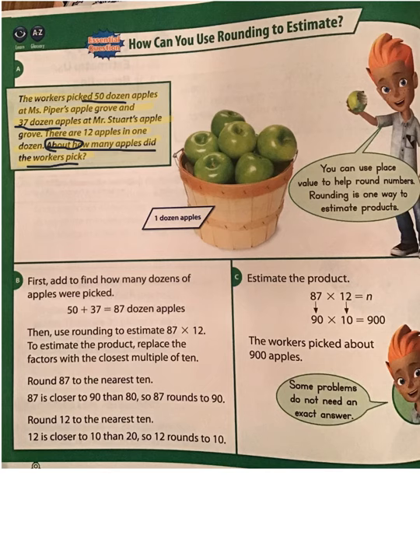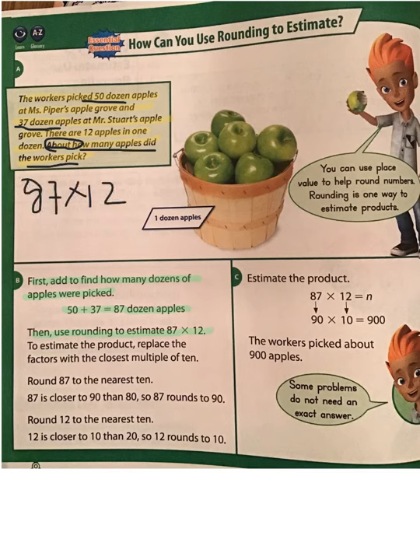So first, we need to add to find out how many dozen apples were picked. If we add 50 plus 37, we get 87 dozen apples. Now remember, there are 12 apples in a dozen. So next, we are going to use rounding to estimate 87 times 12.